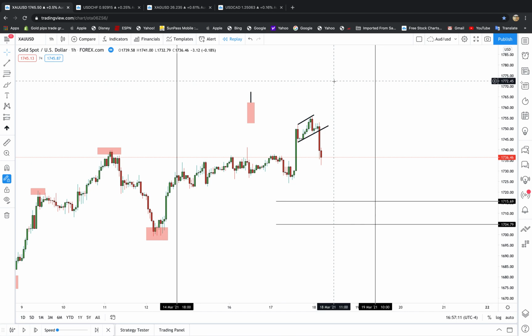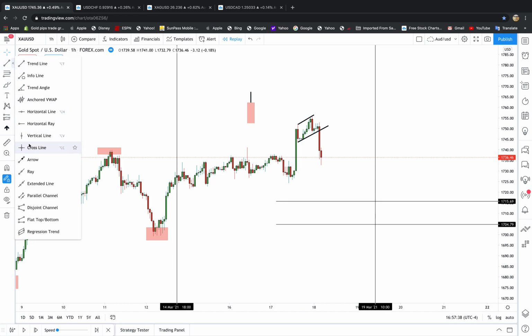Okay, so I believe, let me see what entry that I have for the sales. Give me a second. Take a look at that. So, let me see here. We sold at 1729.54.